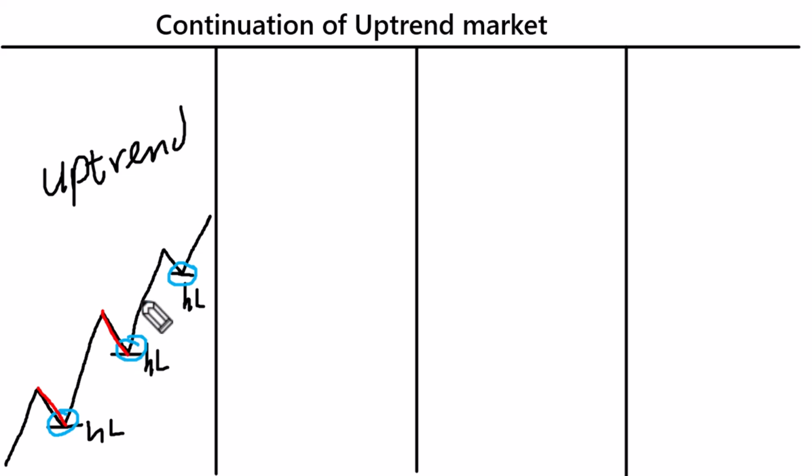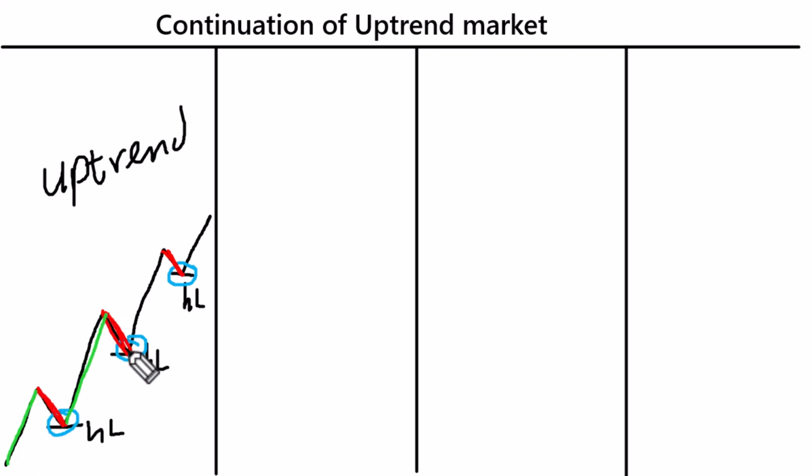in a trending market. Now, these red swings are corrective. In an uptrend, the bearish movement is the corrective swing, and the swing in the direction of the market is what? Is the impulsive swing.